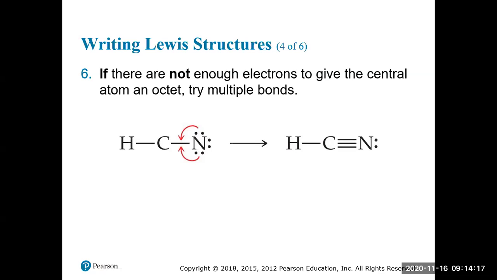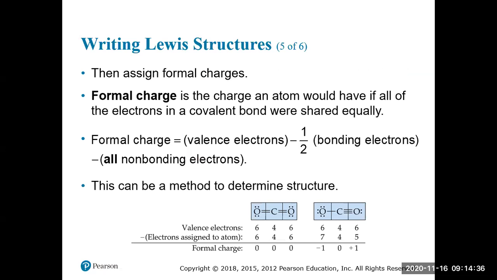We have 6 bonding electrons around the nitrogen, and then 2 lone pair electrons around the nitrogen also. So we've satisfied the octet rule for carbon and nitrogen both. This is an example of, by making a triple bond, we satisfy our rules to form the octet.